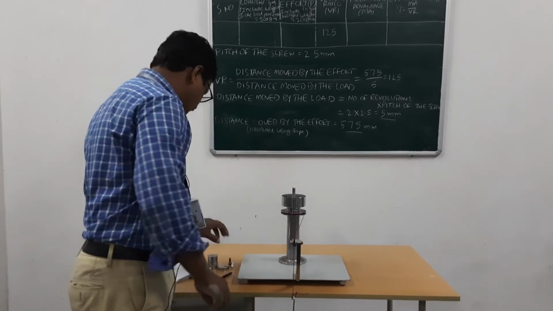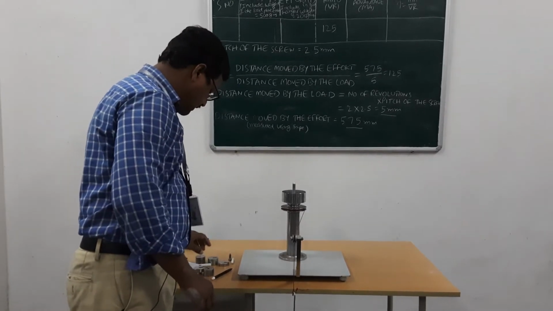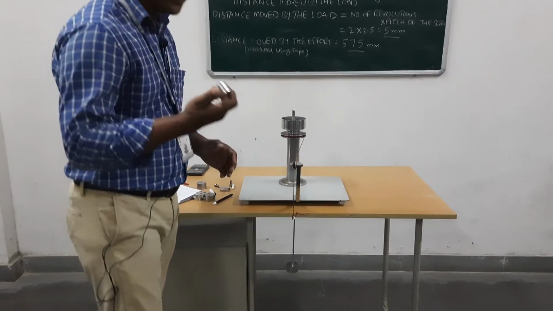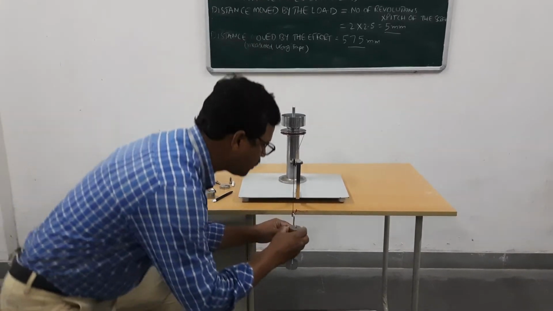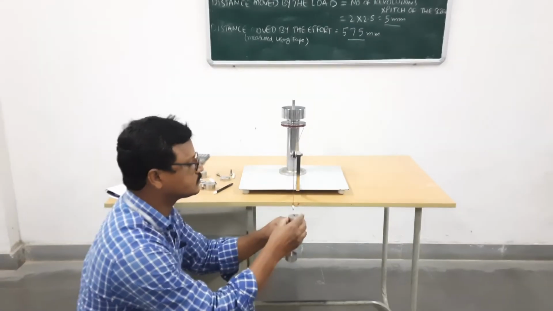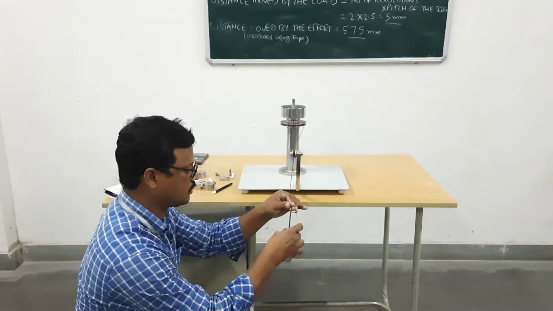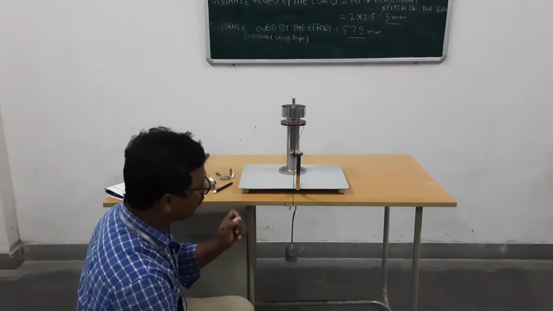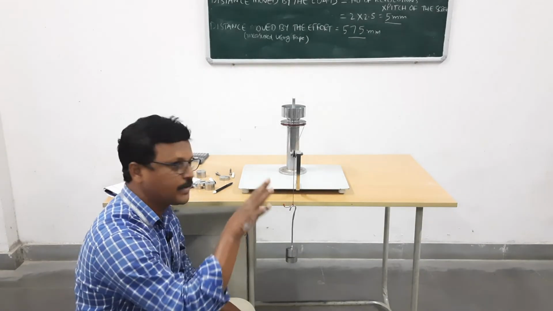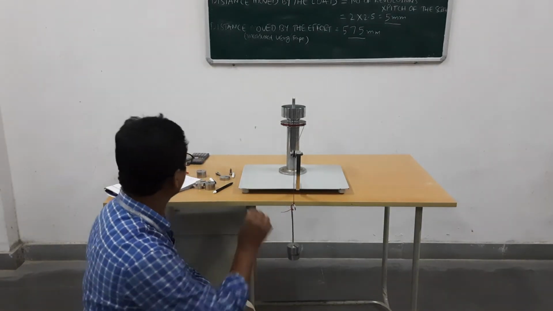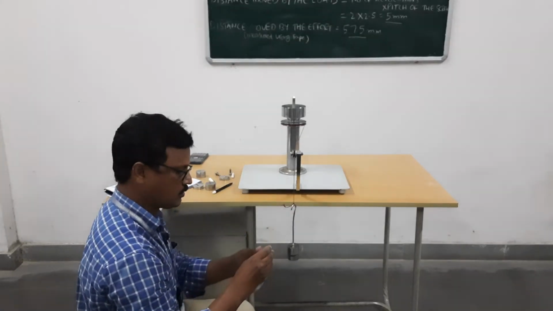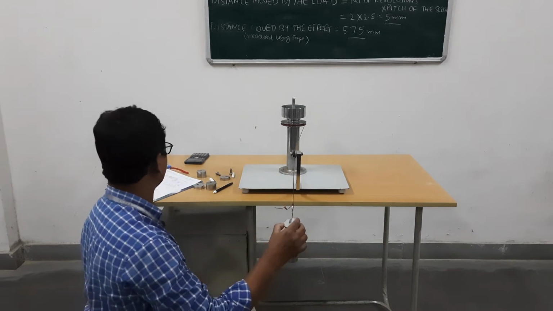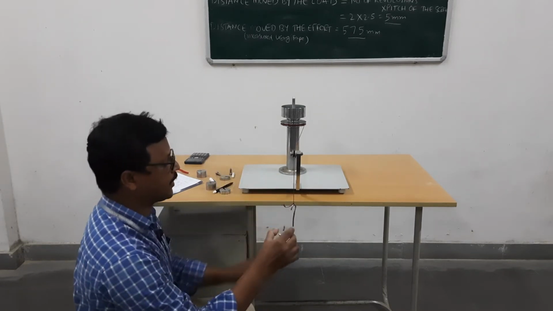Now I am keeping the effort, a 200 gram split weight, in the effort hanger. It's not moving. You should take the reading of effort exactly at the point of moving the screw jack. Now I am keeping one more weight, sorry, a weight of 100 grams.